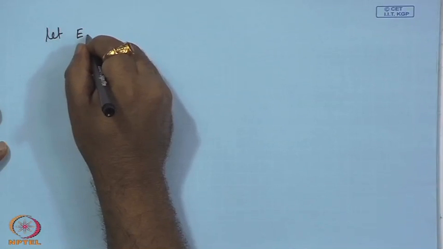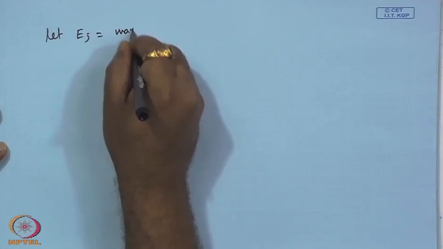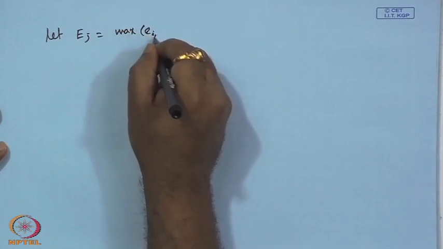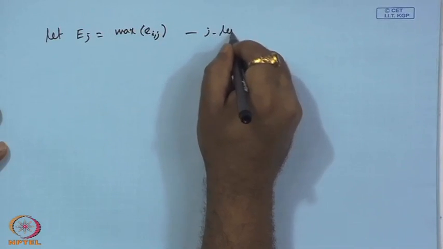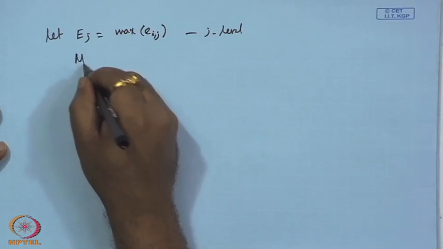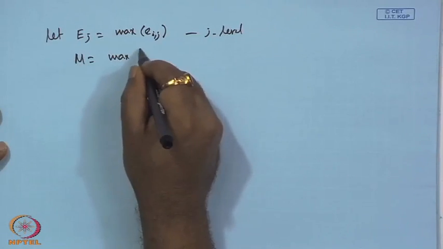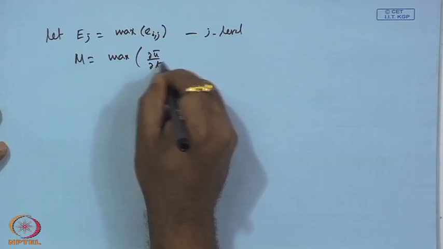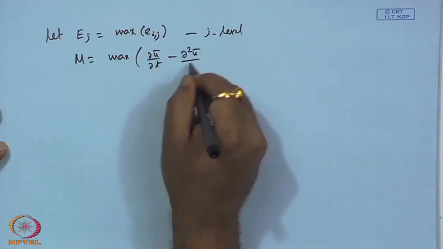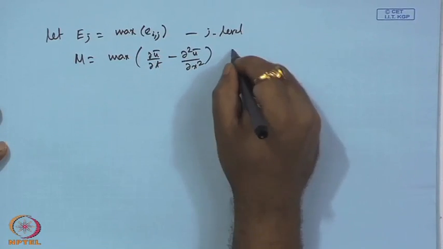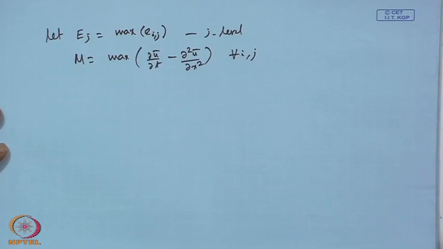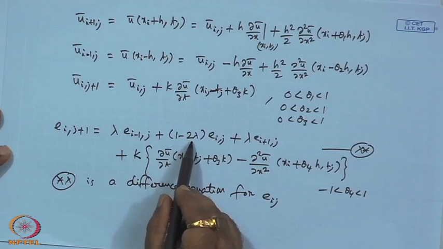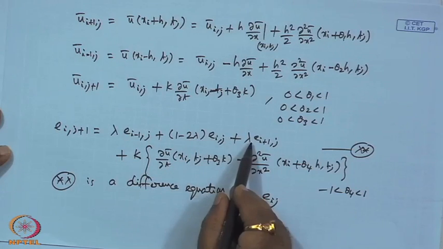Now, let E^j be the max of |E_i^j|, that is at the jth level, and M be the max of the remainder term. Then if you carefully observe, we have 1 minus 2 lambda.